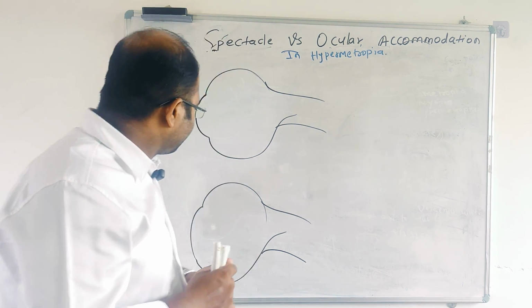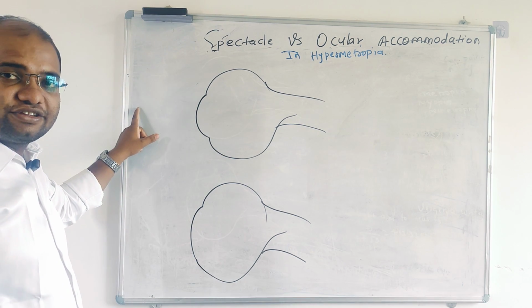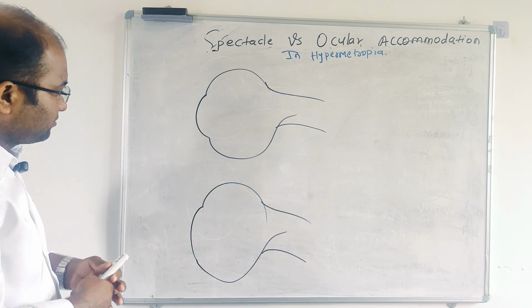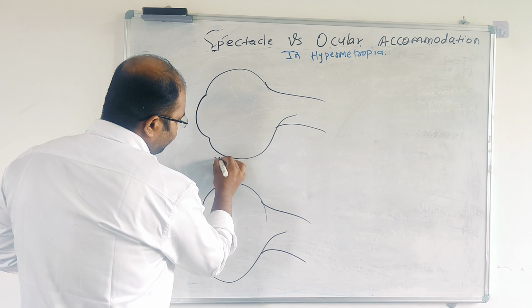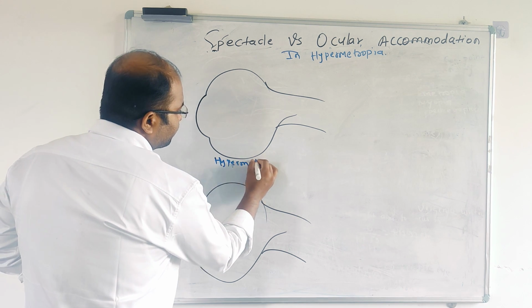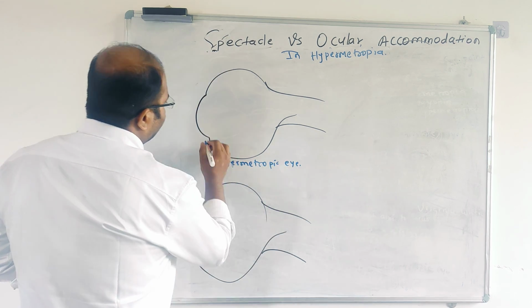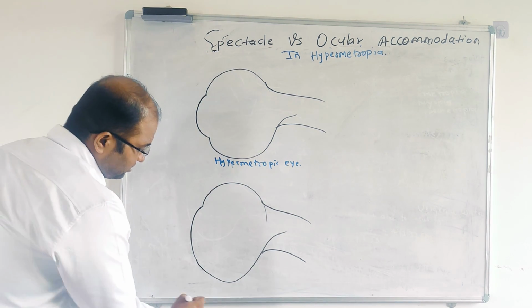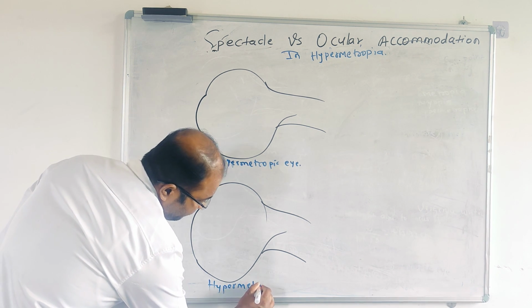Okay, so let me first take this hypermetropic eye, which is focused for distance, and this hypermetropic eye is focused for near.